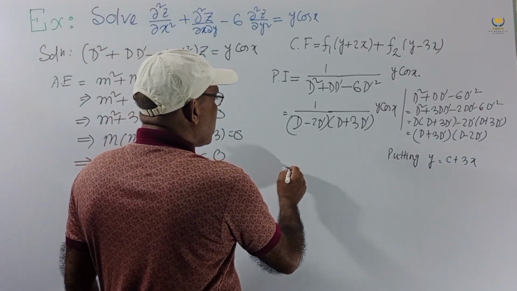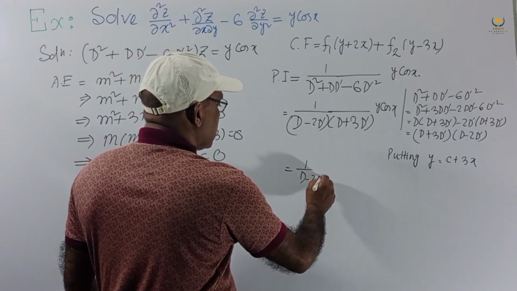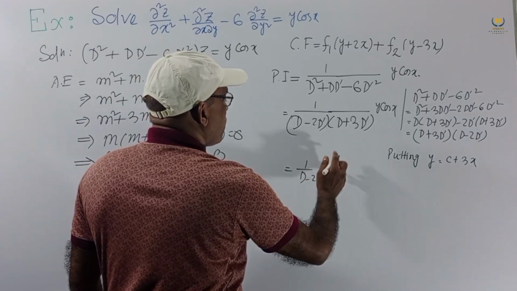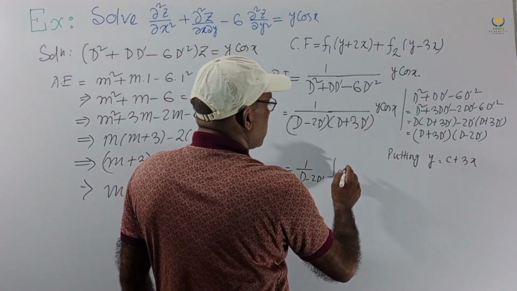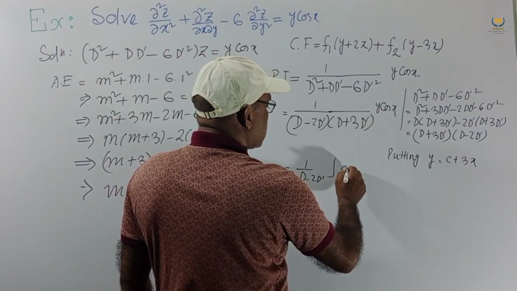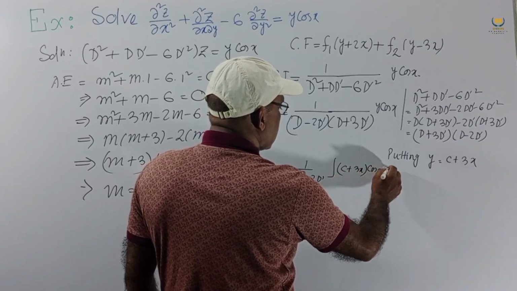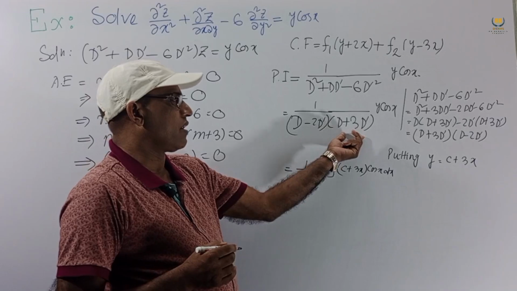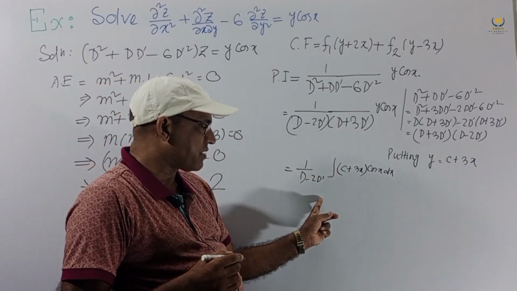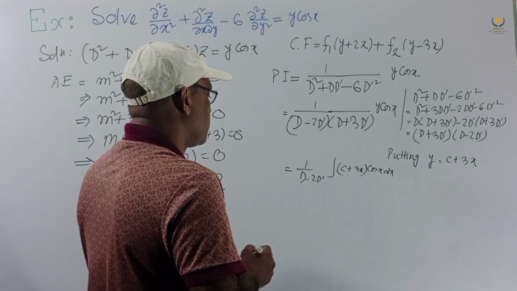If we put y = c + 3x, then 1 by (D - 2D') and this we remove, and we put the integration. In place of y, we put c + 3x into cos x dx. By removing this, we get the integration where y is c + 3x.